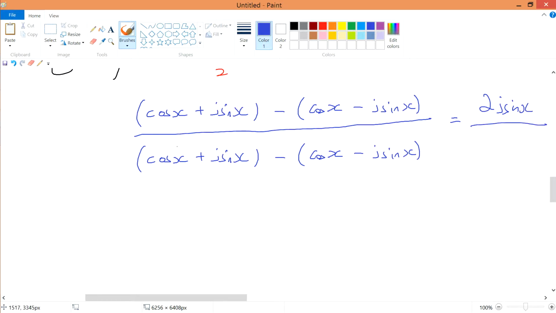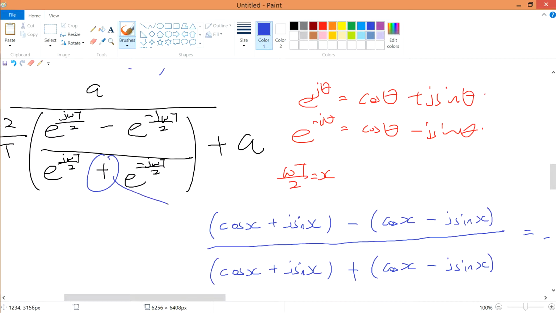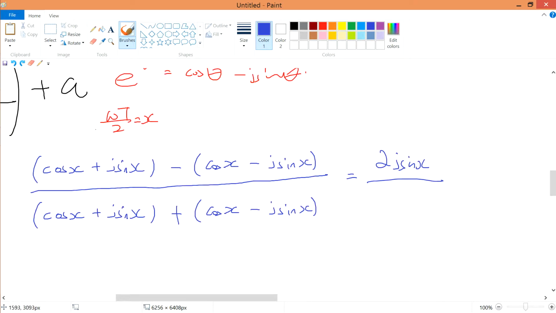Okay, and then for the cosine x, this is plus, because this thing over here, the denominator, is plus. So over here I'll have cosine x plus cosine x, I'll have 2 cosine x. Alright, where j sine x minus j sine x will be 0.